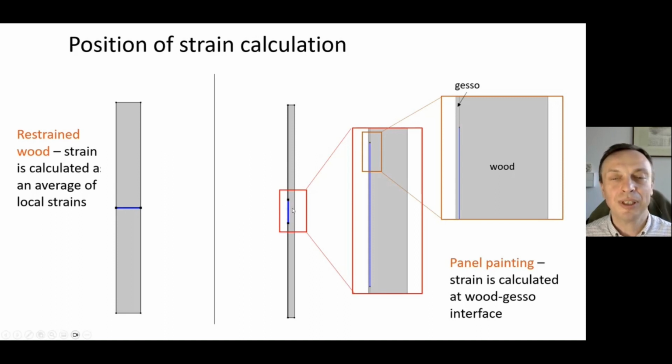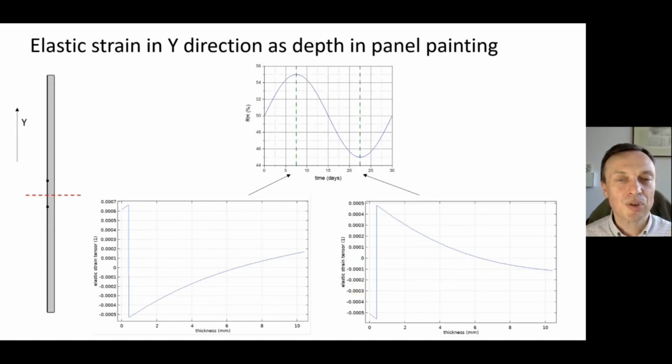And in the case of the panel painting, we calculate strains in the gesso layer at the interface between the gesso and the wood. Why is it so? Because the strains at the interface are the largest. Here you can see a sinusoidal RH variation, just an example, and here you can see the local strains experienced by either the gesso or the wood. This graph corresponds to the point of the maximum RH, which in this case is 55%.